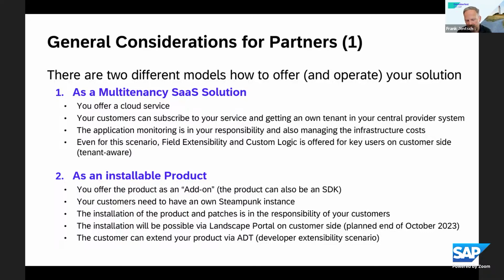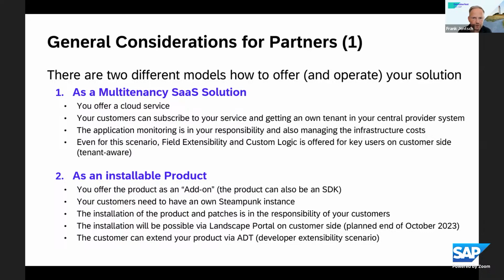So with that approach, and this is typical for SDKs, a customer would be able to consume released APIs of such an SDK in their own custom code, and even build their own product using the referred add-on for their own purposes. So these are basically these two options.